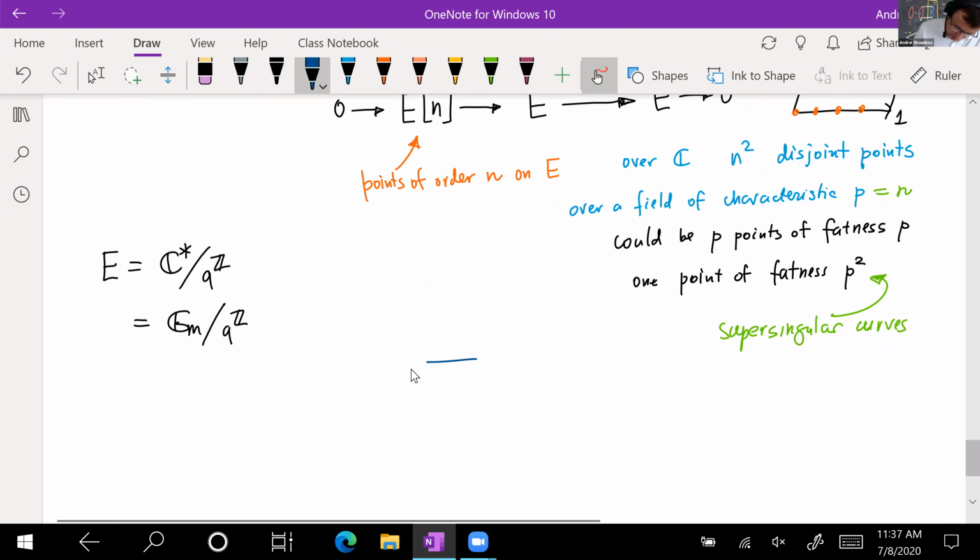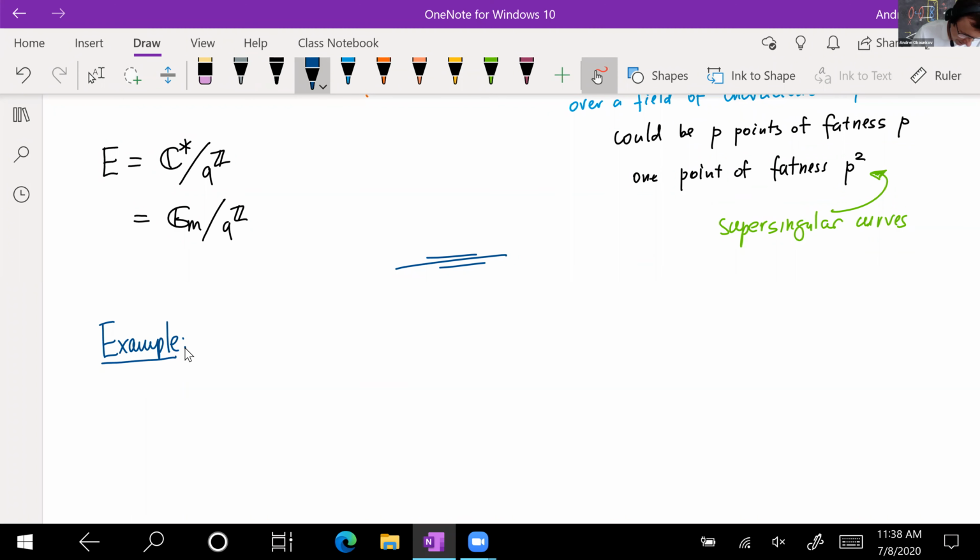An example would be, finally, an example. Let's take just a figured example: C star acting on CP1.